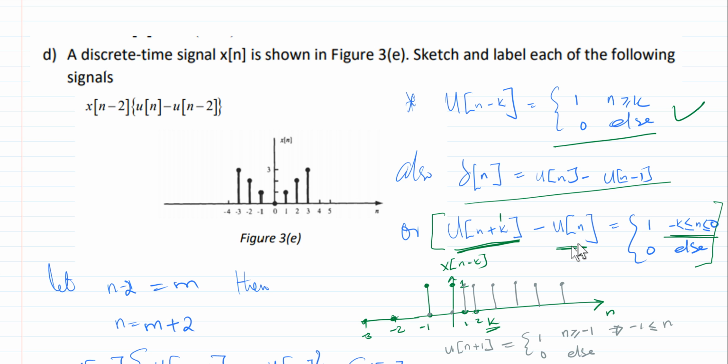We also know that u of n will have a value of 1 from 0 onwards, or anything bigger than or equal to 0. Therefore, when we take this one minus this one, we are minusing the ones that are in green. When you minus, it is like you are removing. We are going to be removing all these ones on the right hand side, and we are going to be left with minus 1 as our result.